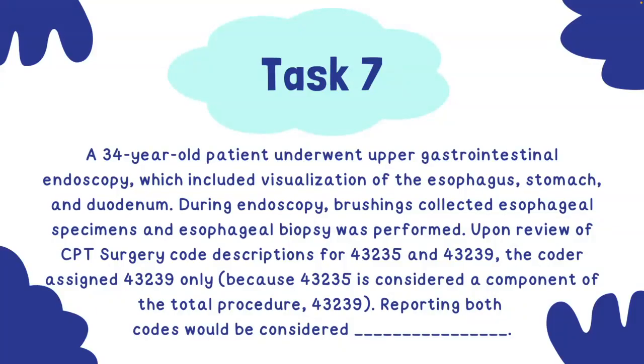Upon review of the CPT code descriptions for 43235 and 43239, the coder assigned only 43239 because 43235 is considered a component of the total procedure for 43239. Reporting both codes would be considered what?